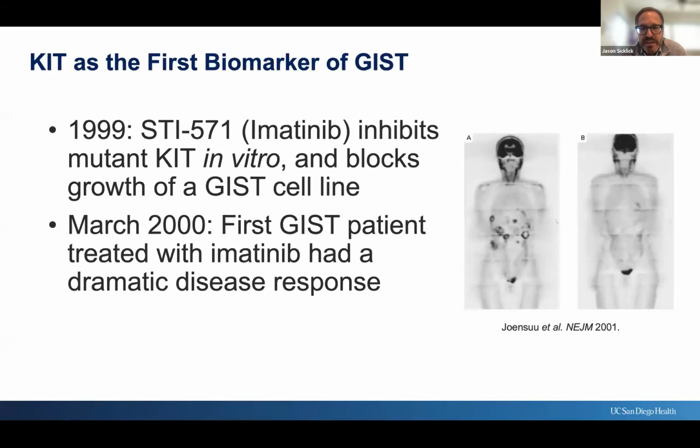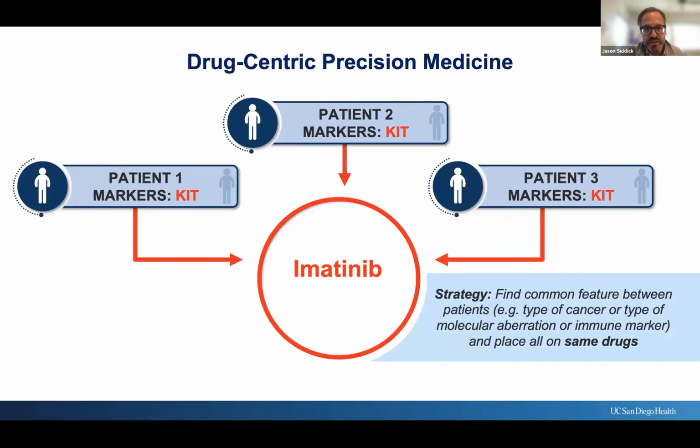The PET scan basically uses sugar that's molecularly tagged with a nuclear tracer that can indicate whether cells are actively utilizing glucose. And what you see there is that the tumors on the left side dramatically responded to therapy on the right side when treated with imatinib. And this was the first signal that imatinib could be used to treat GIST.